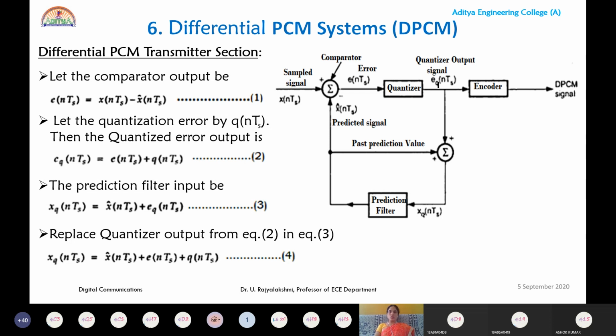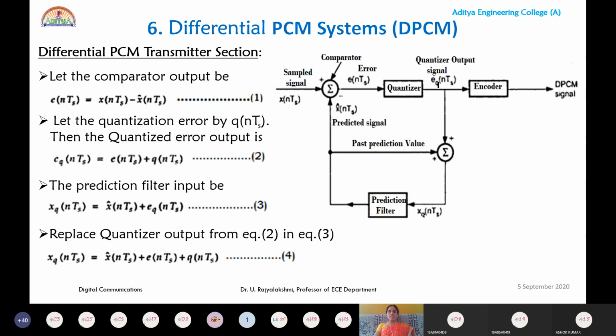So what is the difference between the quantizer section used in DPCM and PCM? In PCM, the sample signal is applied directly to the quantizer, but in the case of DPCM, the difference between the present sample value and the past predicted signal, that is the past sample value, is applied to the quantizer, not the sample signal directly. So you can reduce the redundant information by using this comparator.